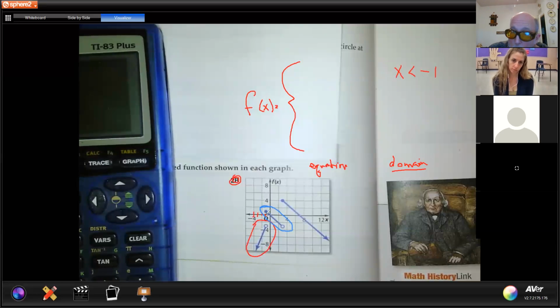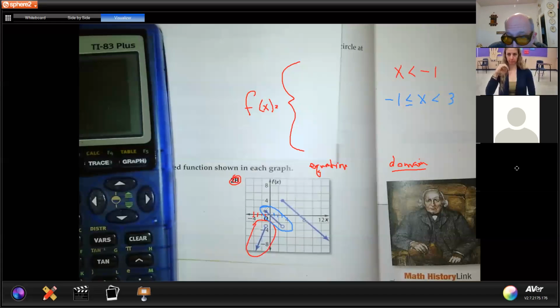The X number starts at -1 and it's a solid dot. So, whoops, that one's not a solid dot. Silly me. There we go.